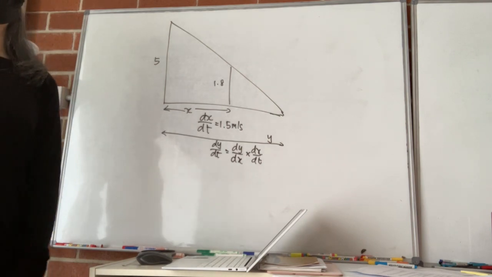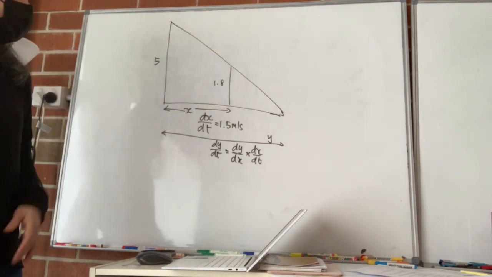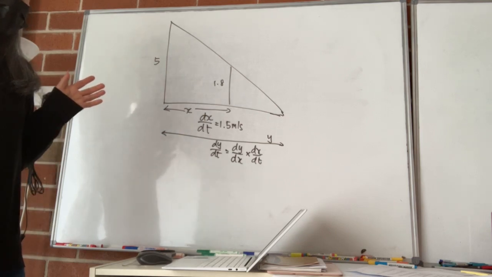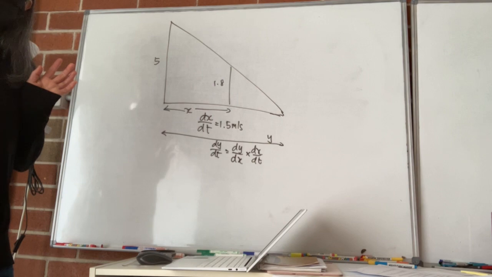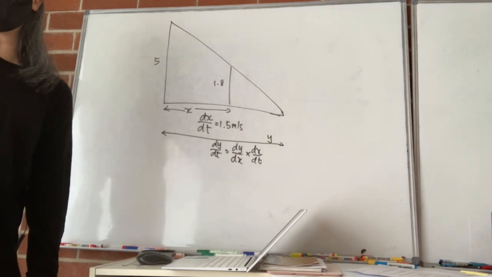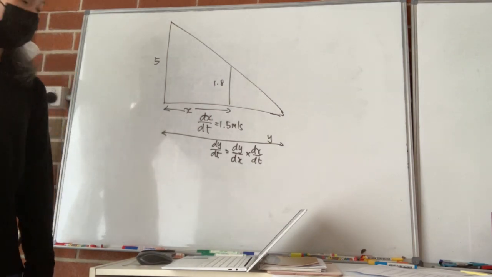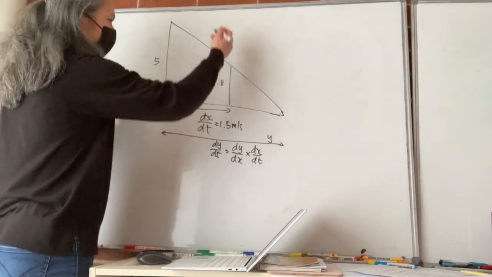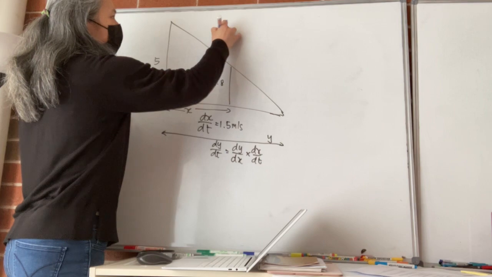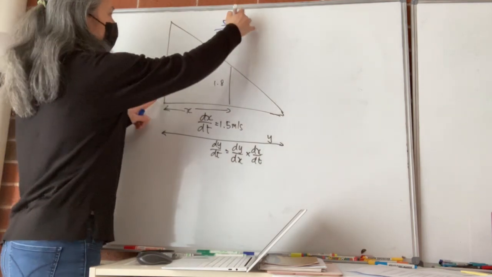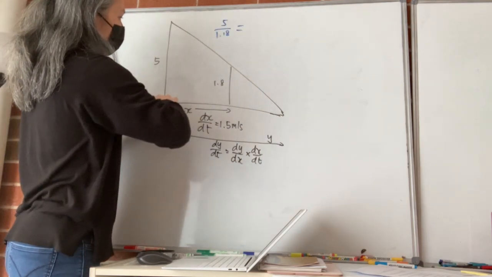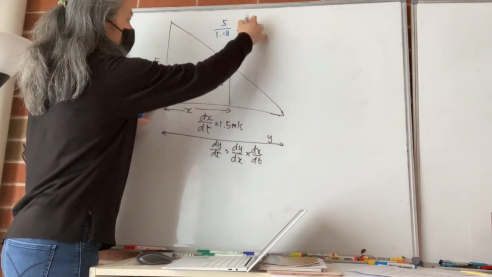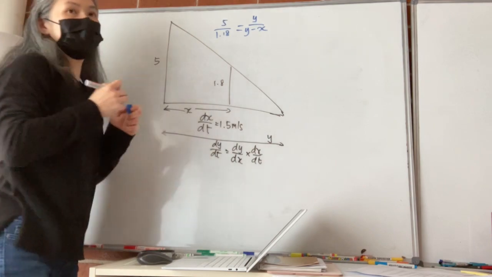Now the equation: how are we going to get it? Two similar triangles. We have two similar triangles all the time. 5 over 1.8, the long one over the short one, is equal to the whole thing y over y minus x.